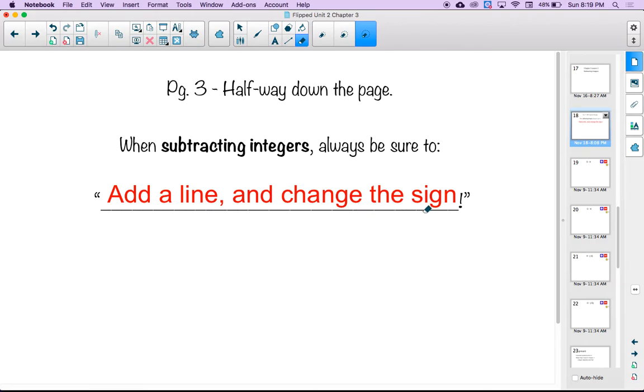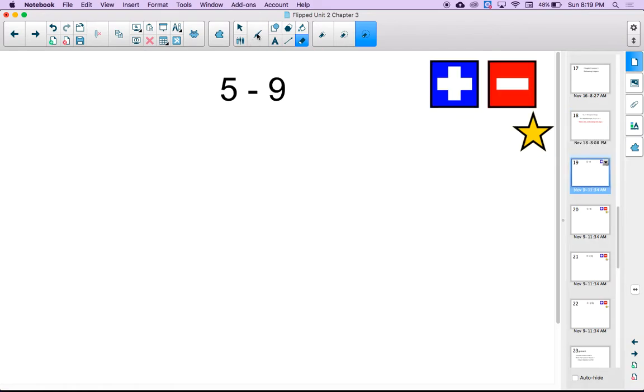Okay, you'll see this a bunch of times. Let's take a look at an example. Our first problem here: 5 minus 9. So this is a subtraction problem. The second number is bigger than the first number, and when we see this, we know that we're going to get a negative answer. So because of that, we want to handle this as if it's an addition problem. So instead of 5 minus 9, we are going to add a line to our minus sign.